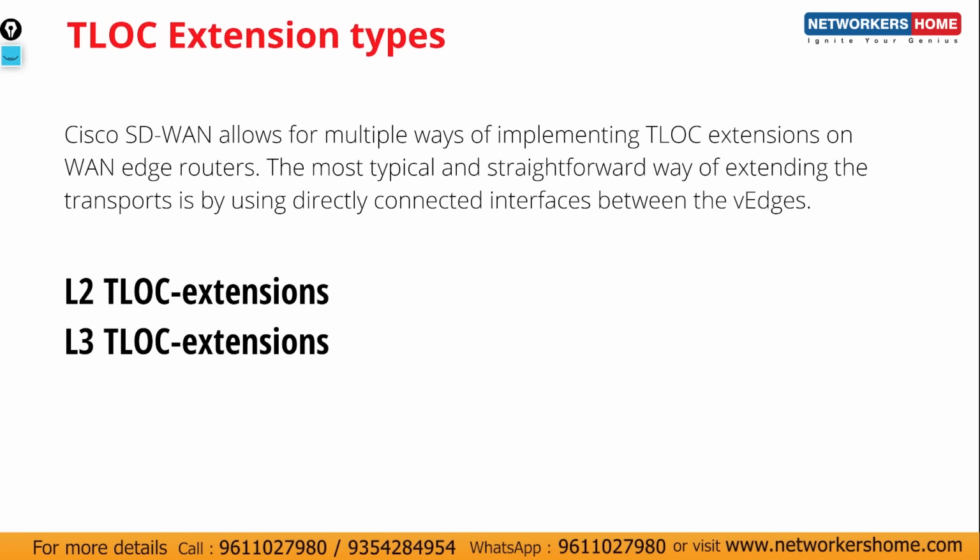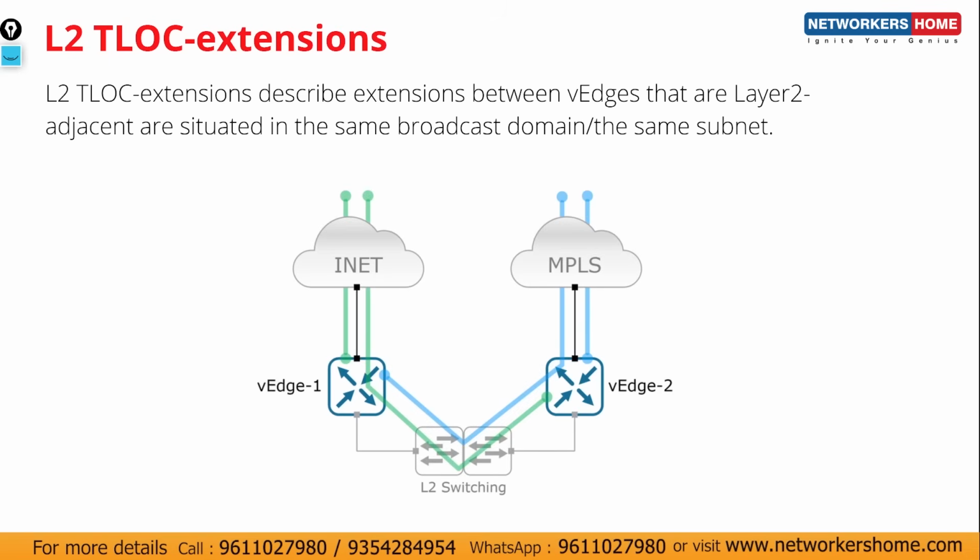So there are two types of TLOC extension. We have L2 TLOC extension and L3 TLOC extension. Most of the time in the practical world, 98% of the time, we will be using L2 TLOC extensions. In L2 TLOC extension, you need to have a layer 2 device or physical connectivity of these devices to each other.